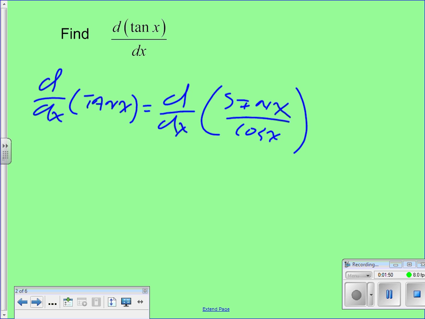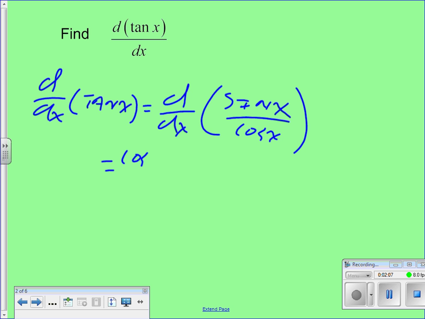Okay. So I have a quotient. I need to use the quotient rule. So the quotient rule is the derivative of the numerator times the denominator. The derivative of the sine is the cosine.